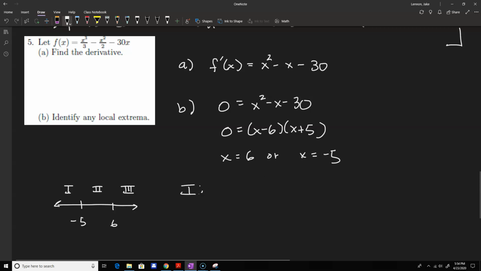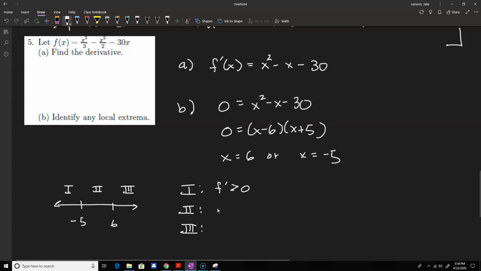So as we do that, we plug in some number smaller than -5 in region 1. If you plug -6 into the first derivative, remember we're plugging into what we found in part A, you end up with 42 minus 30, so you'd get 12. So our first derivative is positive in region 1.